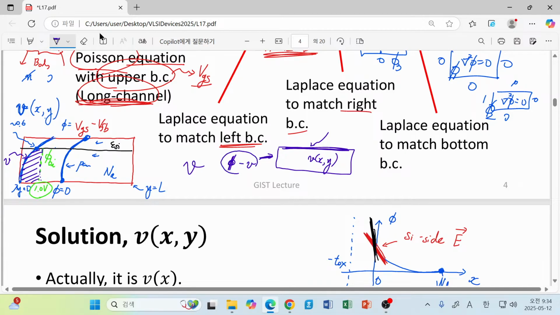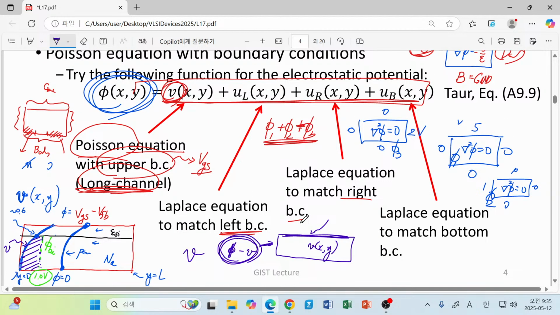Actually, this remaining potential difference is used for our next function that is called u sub L. Now this u sub L function just matches the missing boundary condition in the left boundary, and for all other 3 boundaries it just says everything should be 0. So are you with me?